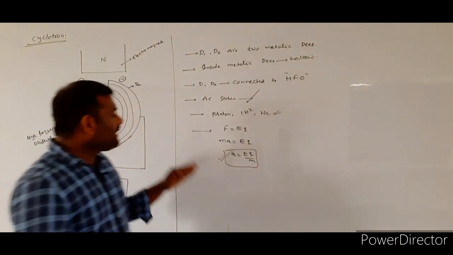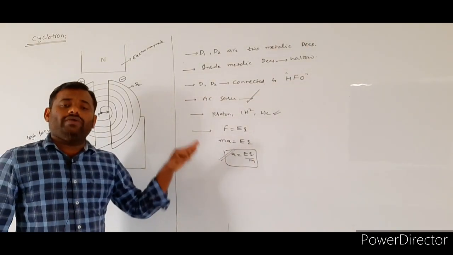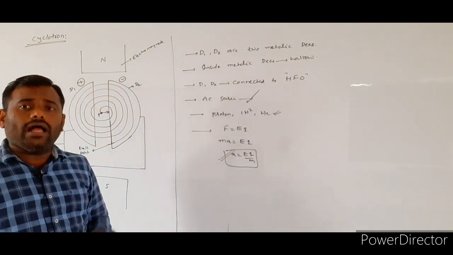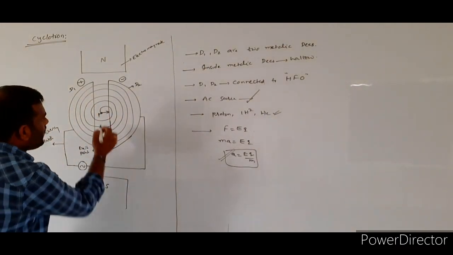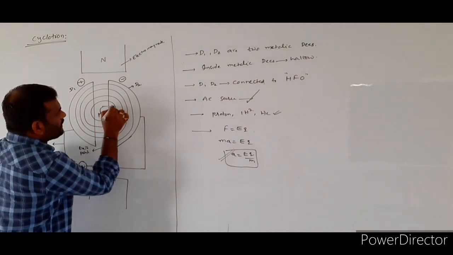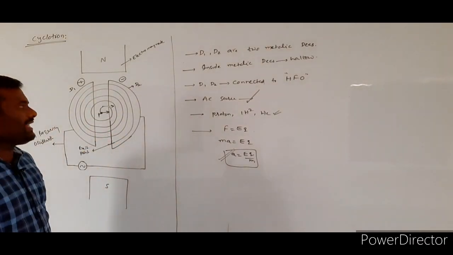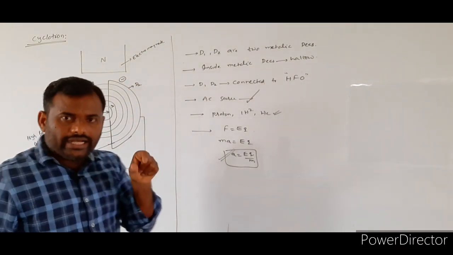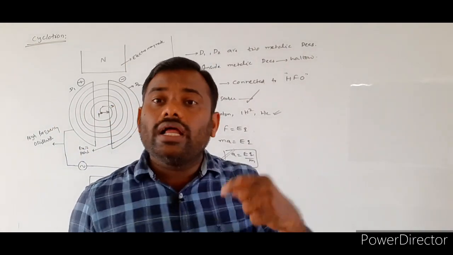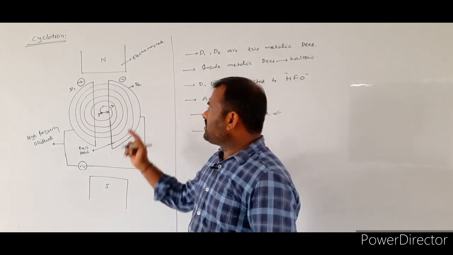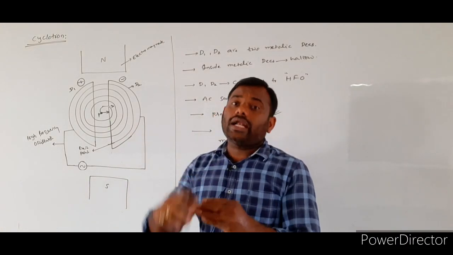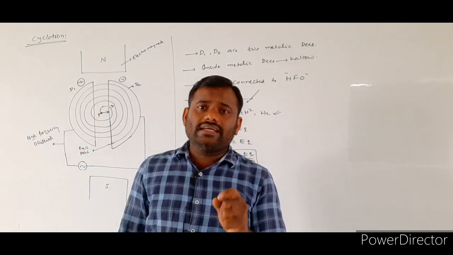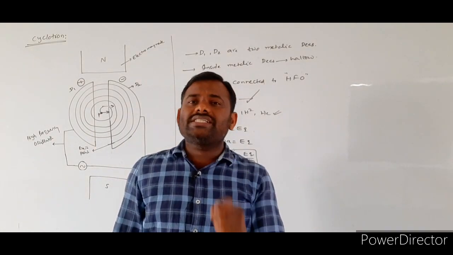Once the charged particle is accelerated by the application of the electric field, it enters inside the D2, because it is first attracted by the D2 metallic disc. Now here one more point we have to remember, that the construction of the discs is shielded.